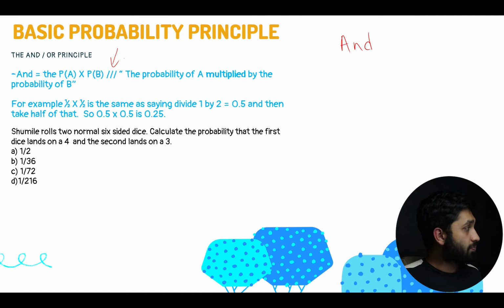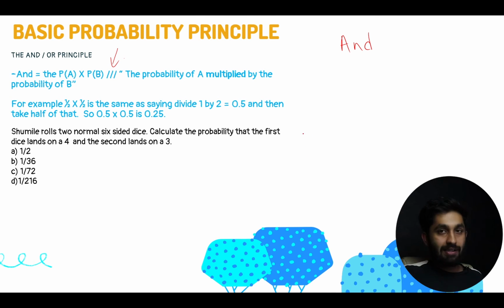Now, by multiplying both of these probabilities, the probability of A and B together will result in a smaller number. For those who don't take maths, let's take a look as to why it will end up becoming a smaller number. As you know, in probabilities, we use a lot of fractions.